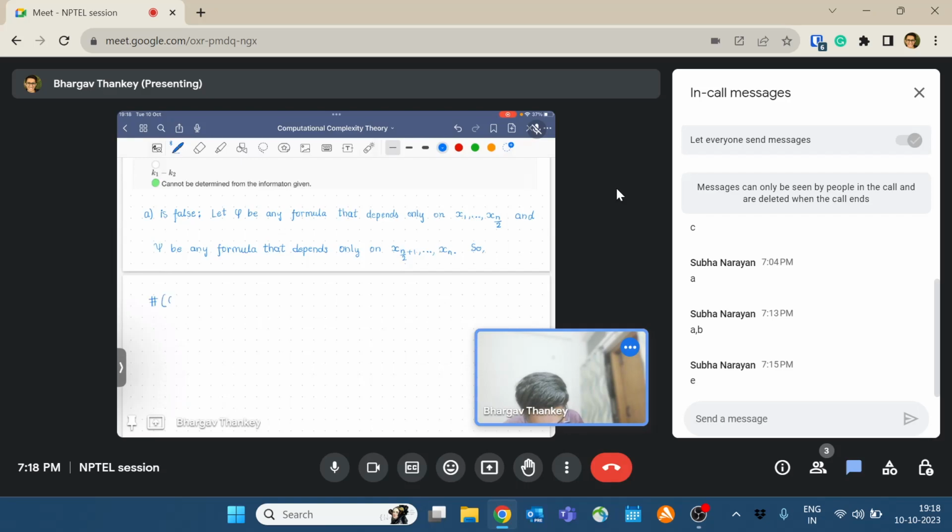Since both phi and psi depend on disjoint sets of variables, you can pick any satisfying assignment of phi, and let the remaining variables x(n/2+1) to xn be anything.